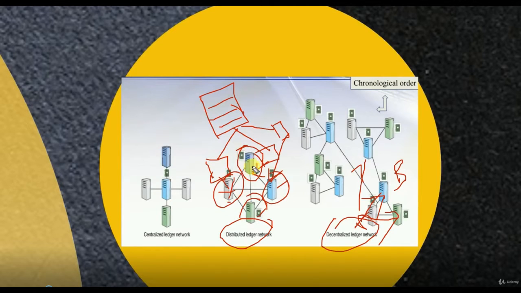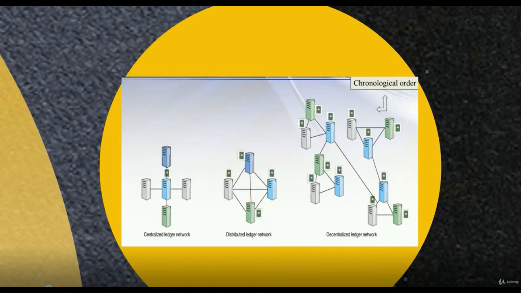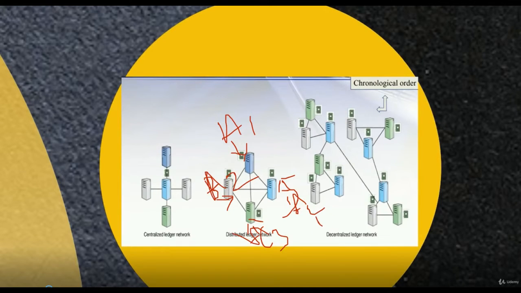But in the decentralized server, you are not going to split the data, or send A data to this server, B data to this server, C data to this server, or A1, A2, A3, A4 to different servers. We are not going to distribute our data like this.